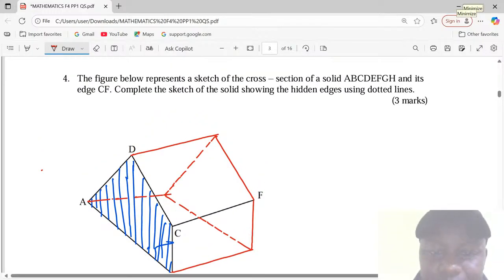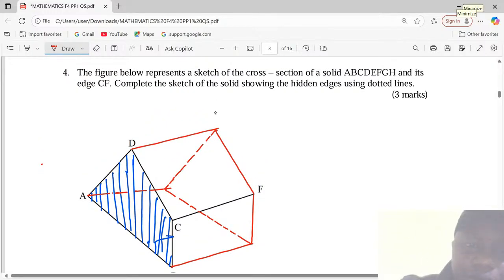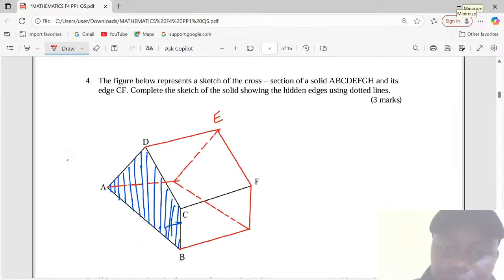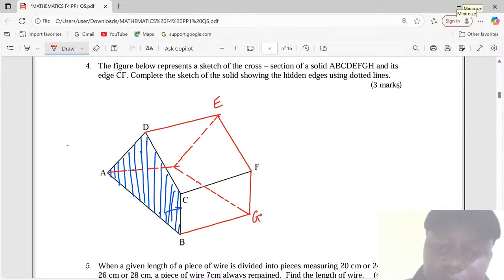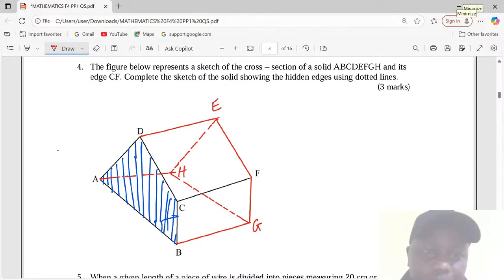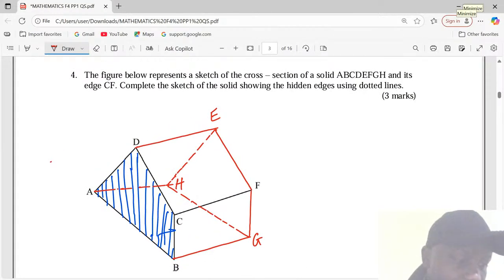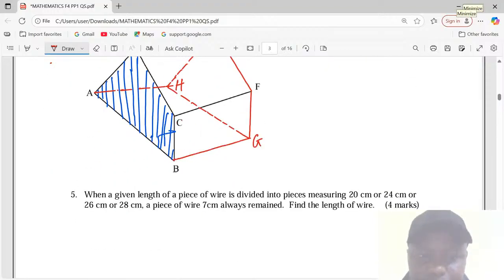So A, B, C, D, E, F. So E, F means G should be below that. Then H should be somewhere there. So that is the solid. We have completed the solid like that. The solid is properly drawn. I'm admiring my own work. I don't know whether you see how well it has been put.